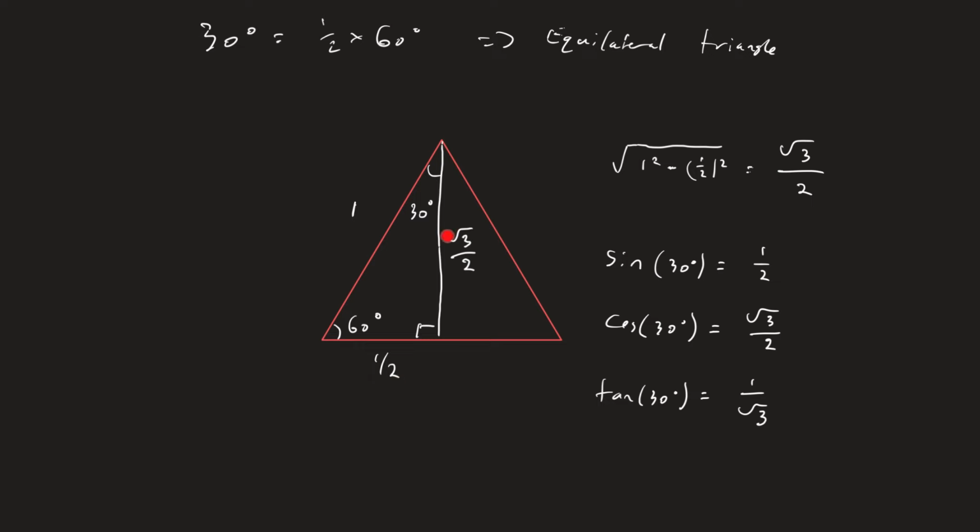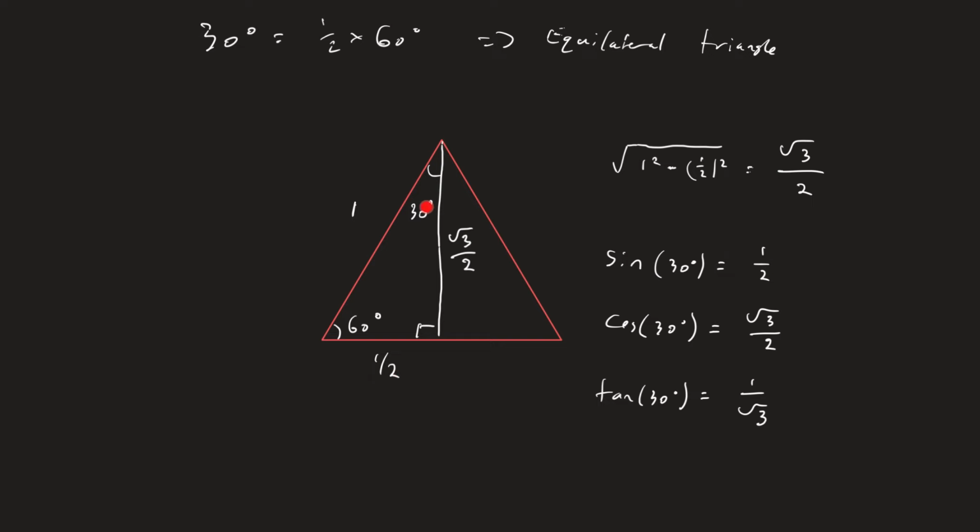Finally, to compute the length of the perpendicular, we use Pythagoras' theorem. Pythagoras' theorem says that this squared plus whatever this is squared has to equal 1. Therefore, this length here is the square root of 1 squared minus 1/2 squared, in other words, the square root of 3 on 2. We can therefore read off that sine of 30 degrees, sine is opposite over hypotenuse, so sine of 30 is 1/2 divided by 1, or just 1/2.